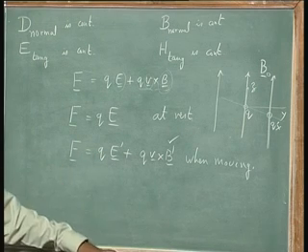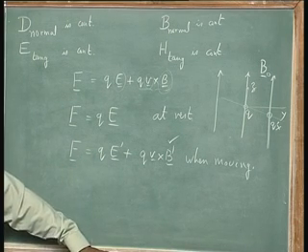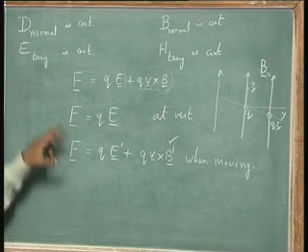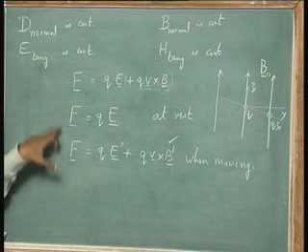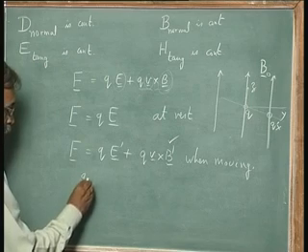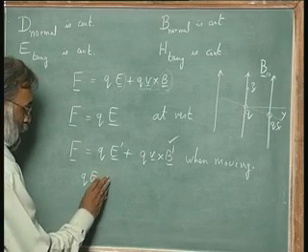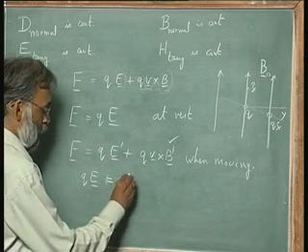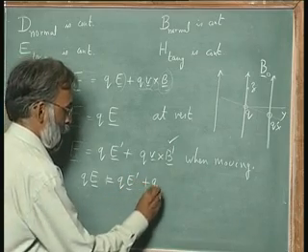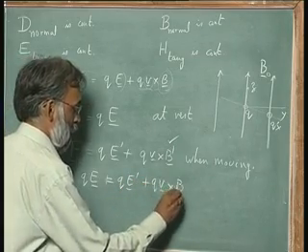It is the electric field therefore that has to change, and if these are saying the same force, then it must be that qE is equal to qE' plus qv cross B'.